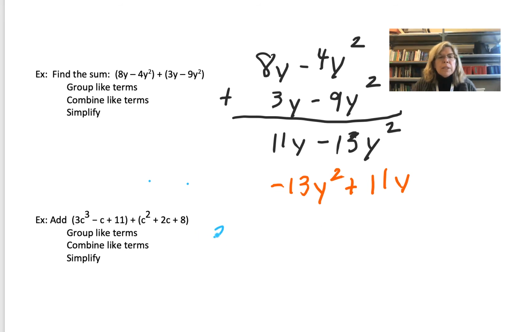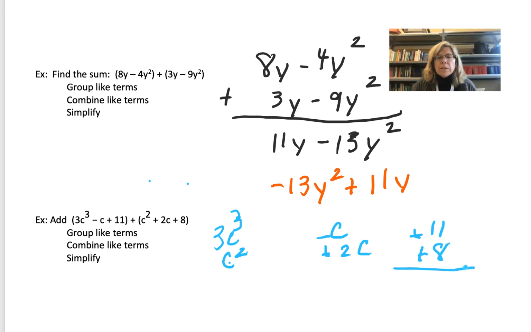So 3c cubed is a term, and c squared is a term, and minus c is a term, plus 2c, plus 11, and then plus 8.